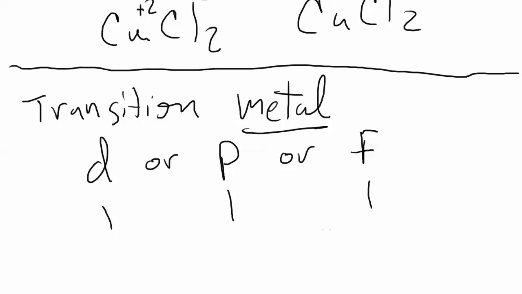And just as an aside, so you know, it's never incorrect to use the stock system. It's just most chemists don't use it with metal ions that can only have 1 charge, like sodium or magnesium. So you should always use it with transition metals in the D, P, or F block. And you know, unless you're worried about looking silly, you probably shouldn't use it with metals that only have 1 charge.